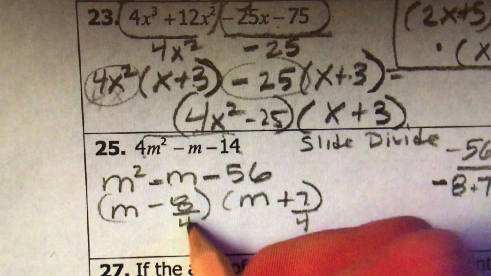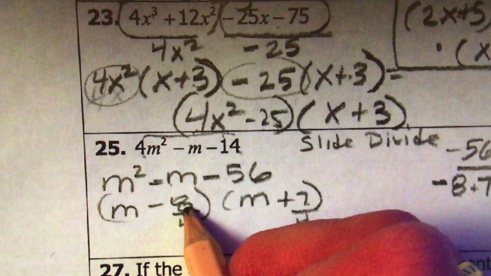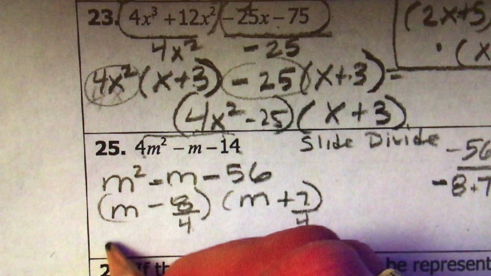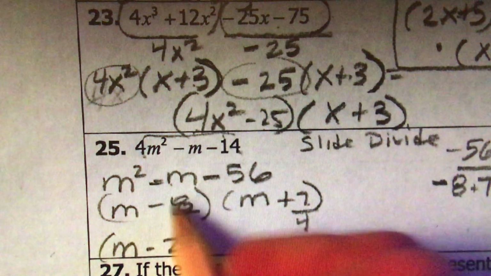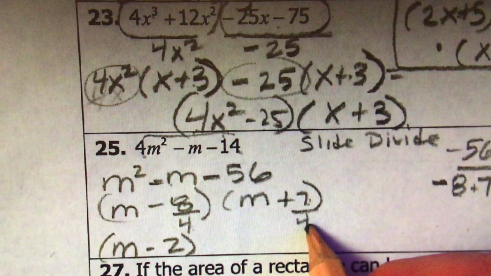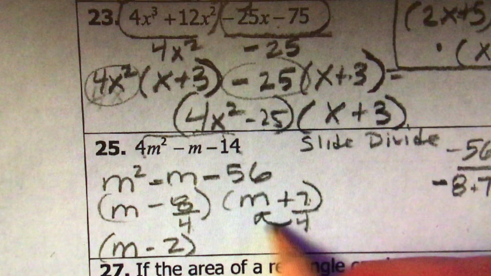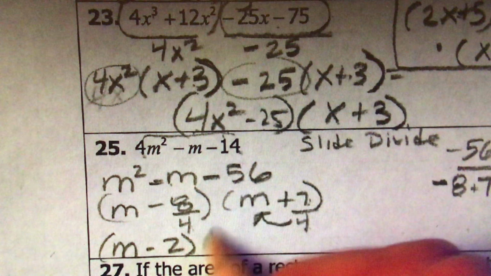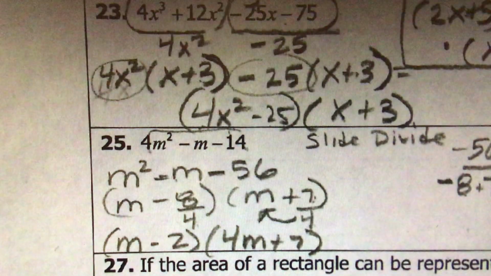I have to simplify each fraction. Well, 4 into 8 is 2 times. So really I can rewrite this m minus 2 because I can simplify this. Can I simplify this though? I can't. If I can't simplify it, then slide this 4 back in front of that coefficient, and then you're done.